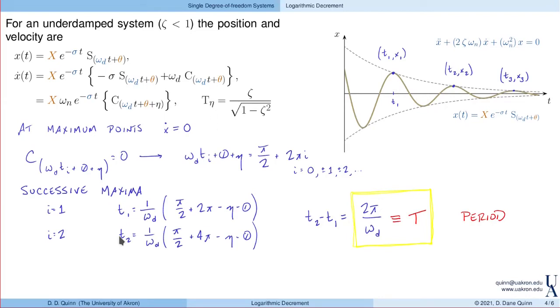Now, we can develop a similar thing by looking at the amplitudes. So here, if I take T1 and determine the corresponding displacement, we would find that x1, which again is x of T1, is the amplitude times e to the minus sigma T1 times sine of omega d T1 plus theta.